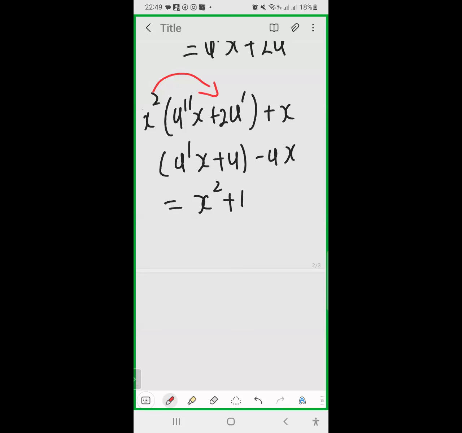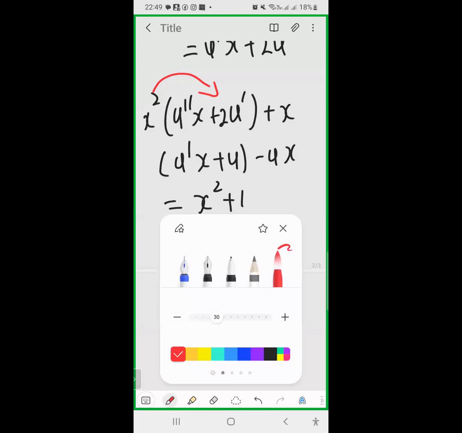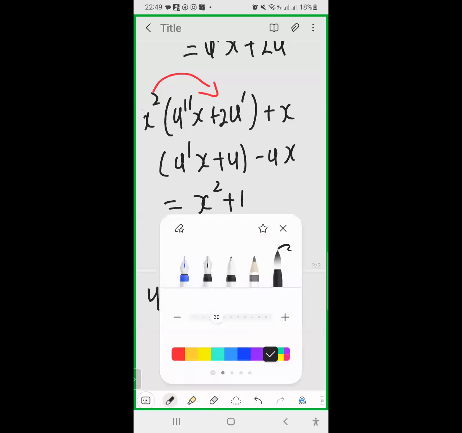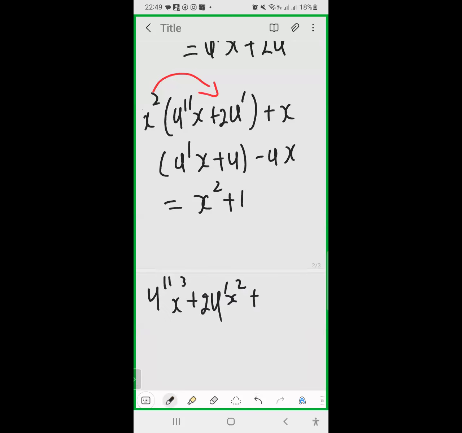So we're going to have u double prime x cubed plus 2 u prime x squared, and then plus, we do the same with the x, we multiply it with what is inside the brackets.